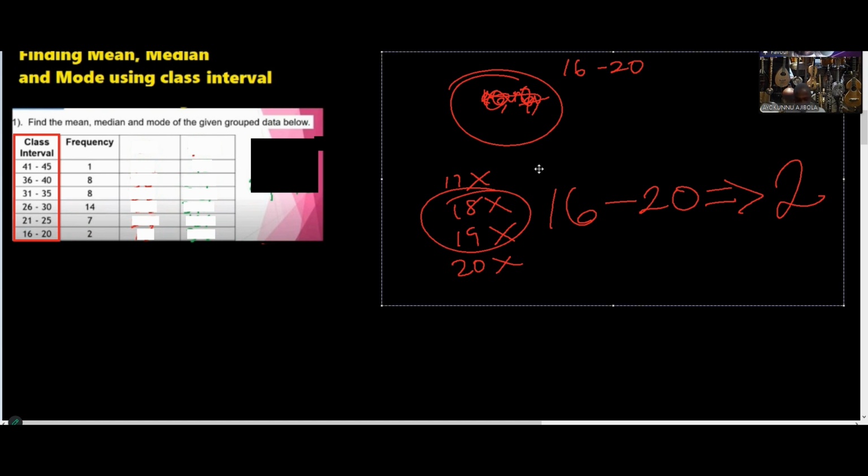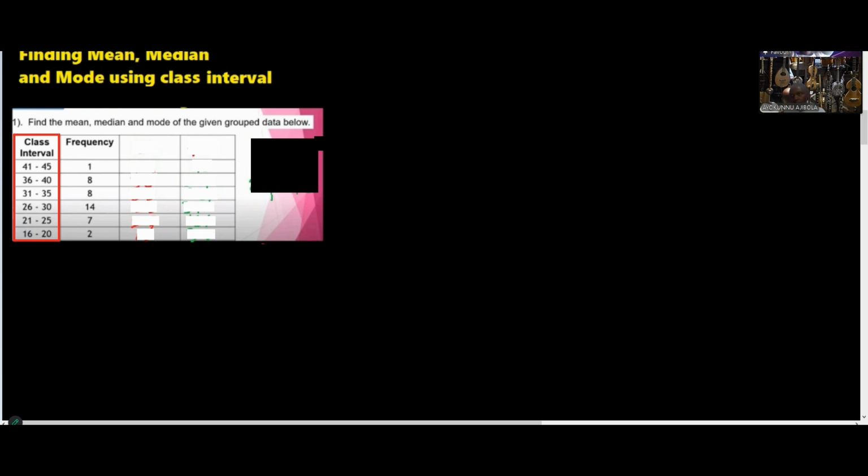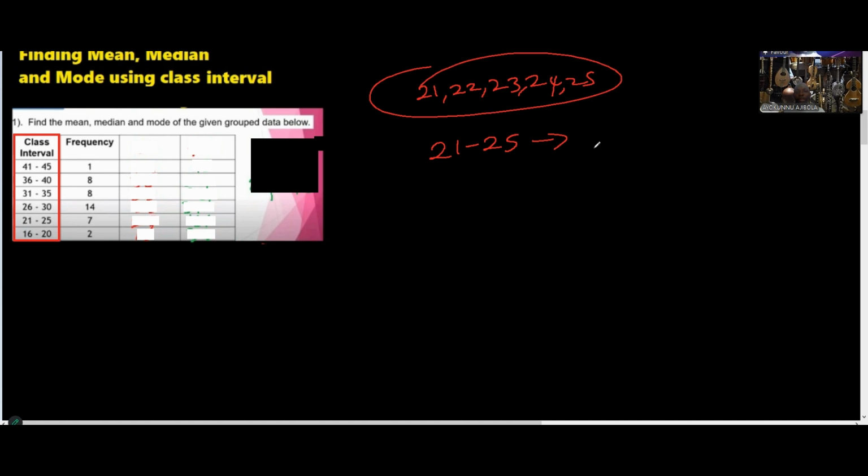Now, for the next class interval 21 to 25, it only means that the numbers that range there are 21, 22, 23, 24, and 25. Between these numbers, there are seven pieces.